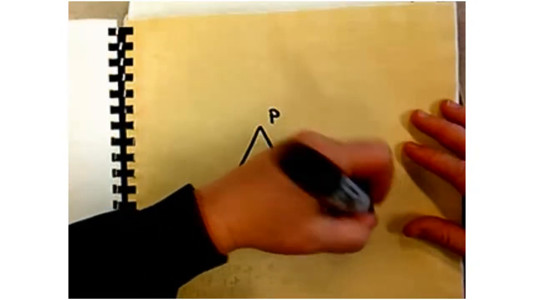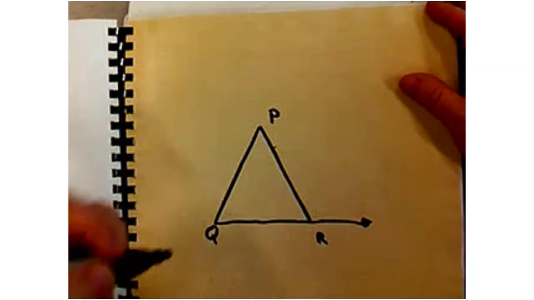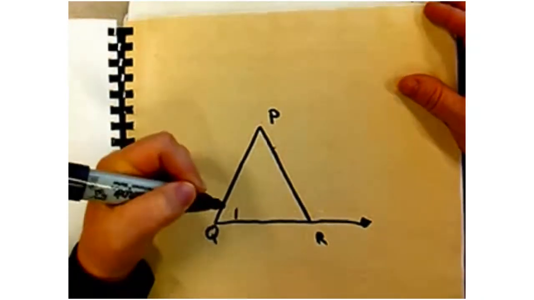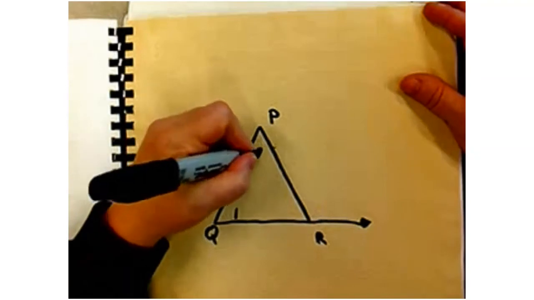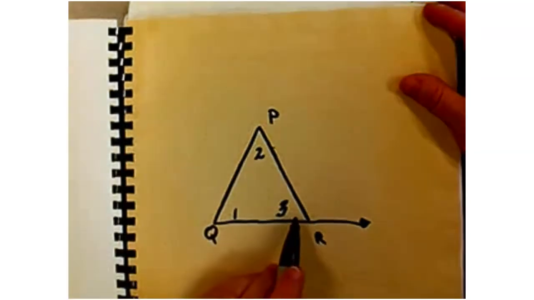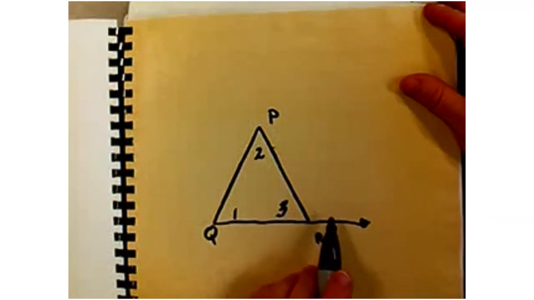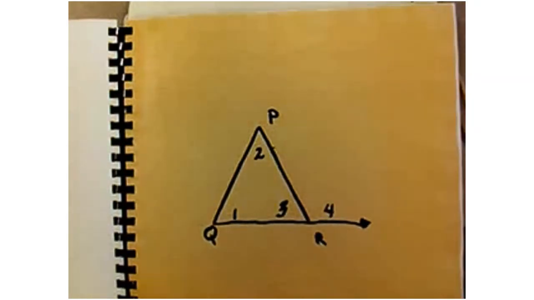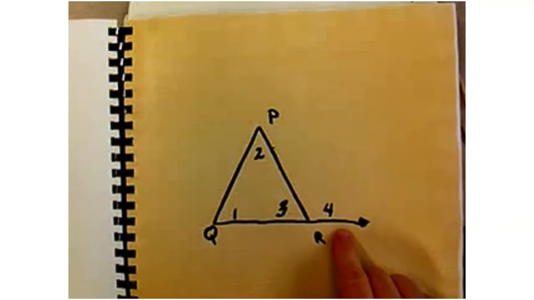They just extend the base of our triangle. In the interior of the triangle, they label our angles 1 at vertex Q, 2 at vertex P, and 3 at vertex R. And then the linear pair, or the exterior angle, to angle 3, they label 4. So that angle 4 is the exterior angle of our triangle PQR, and it's the linear pair with angle 3.